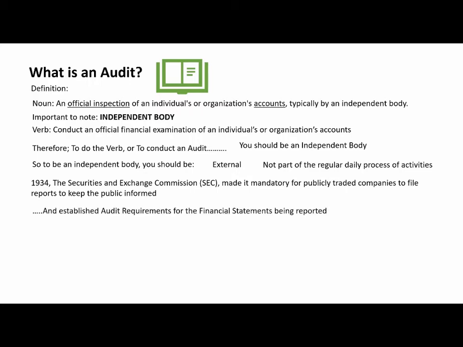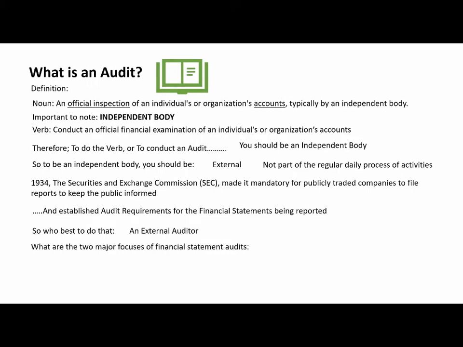So the SEC also established audit requirements for those financial statements being reported, so that there was an external financial review of those to ensure the integrity of those documents. So who best to do that? Well, how about our external auditors?